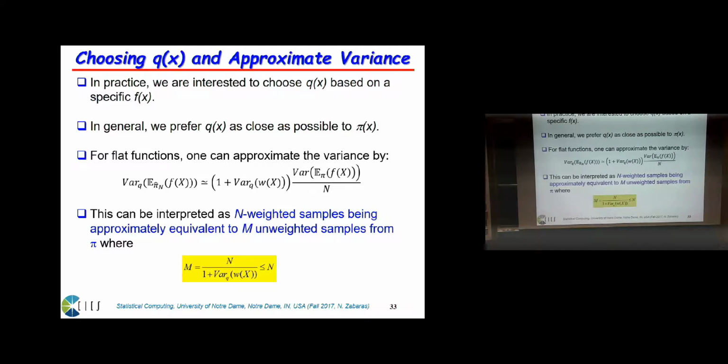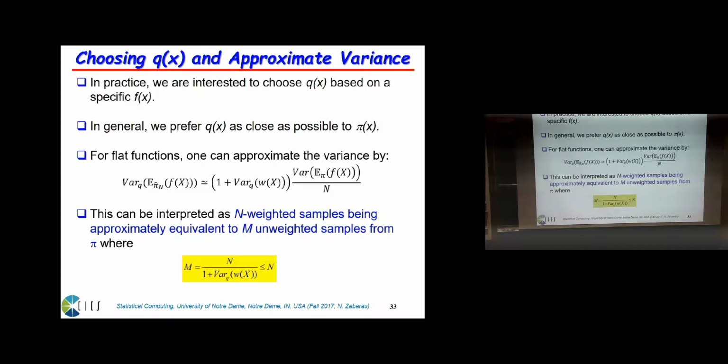They don't list the exact asymptotic variance of this estimator when you use this normalized version of the estimators, this ratio that we discussed. So the approximation that is given for functions that don't vary very much is this equation here that maybe some of you have seen in textbooks, even undergraduate textbooks.